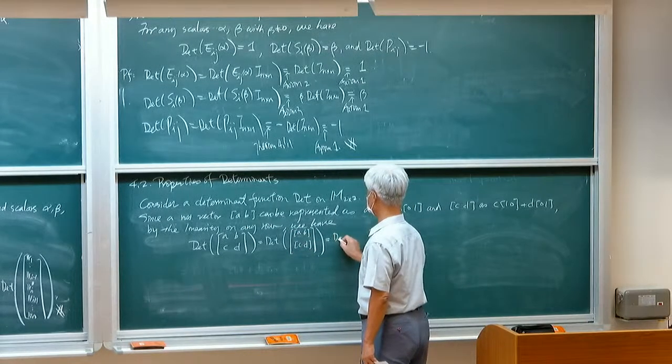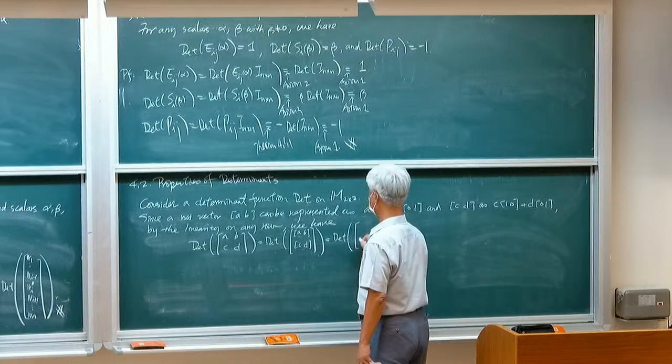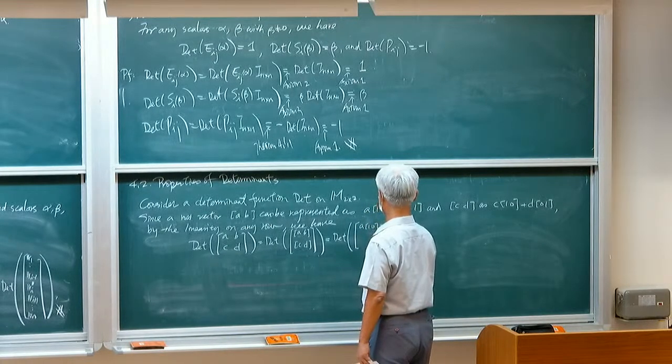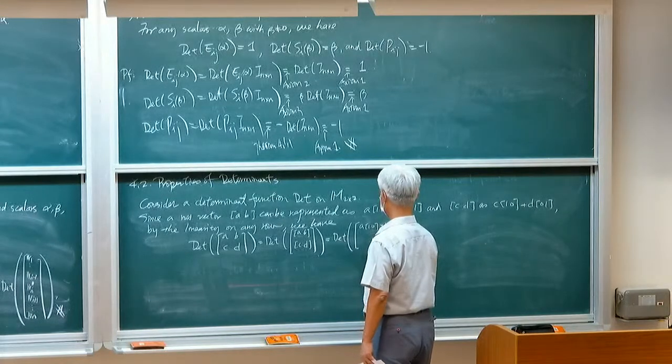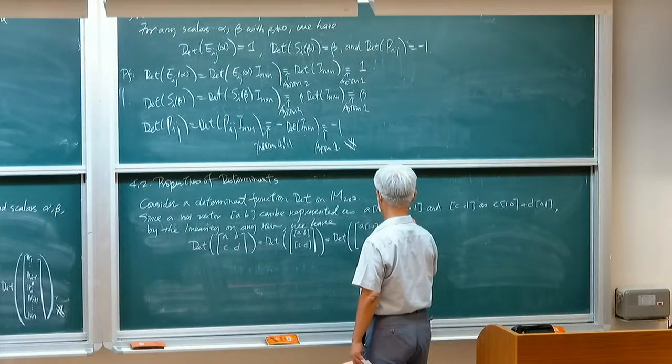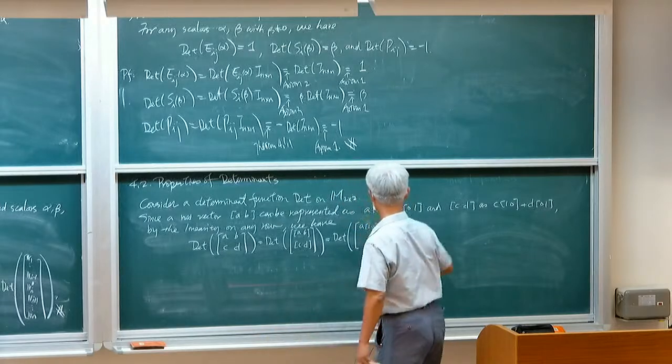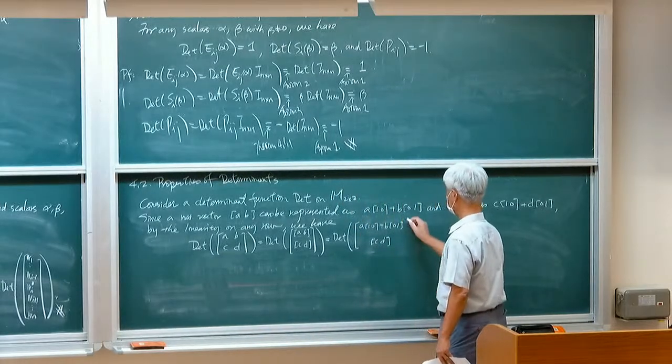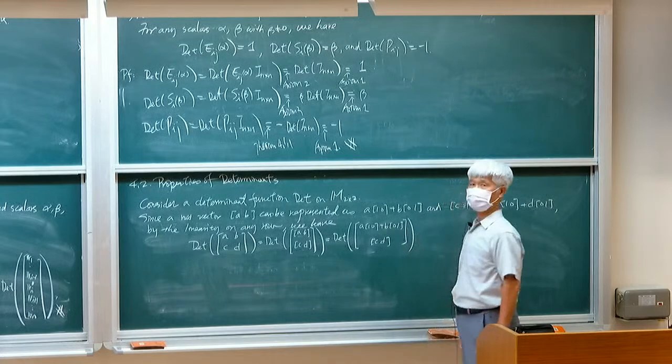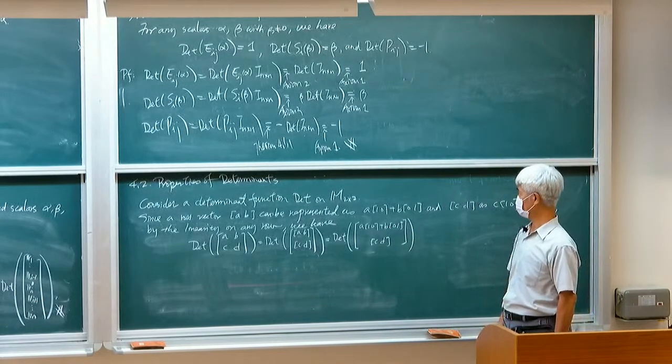So this is the determinant of the matrix with first row a(1, 0) plus b(0, 1), and second row (c, d). It's more convenient to look at it this way.